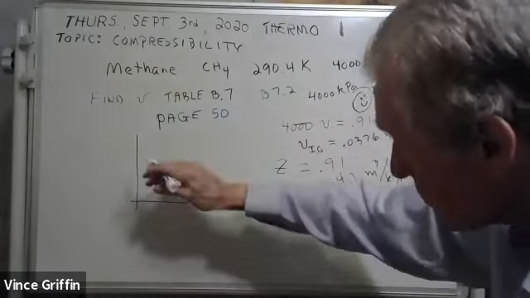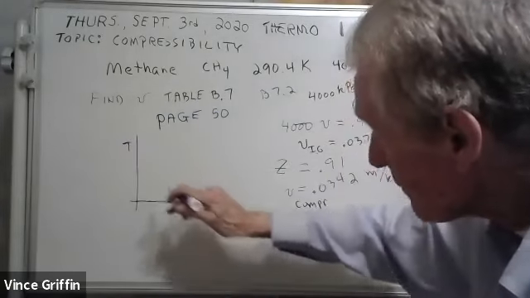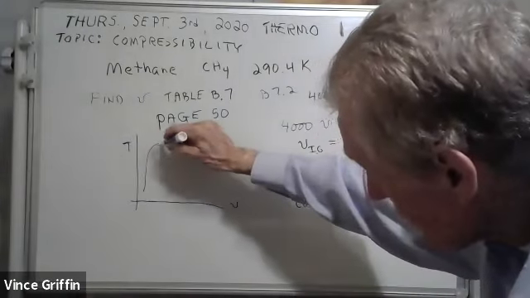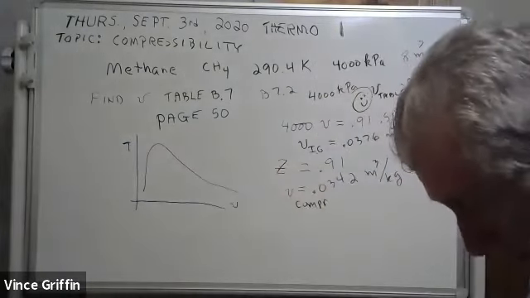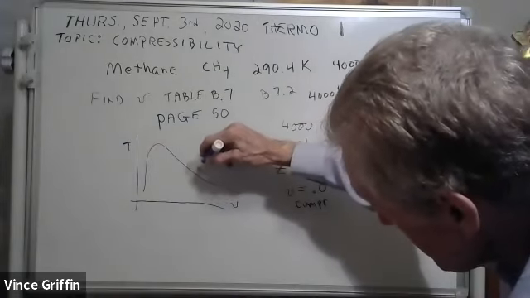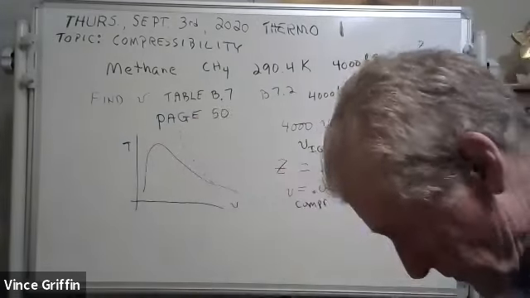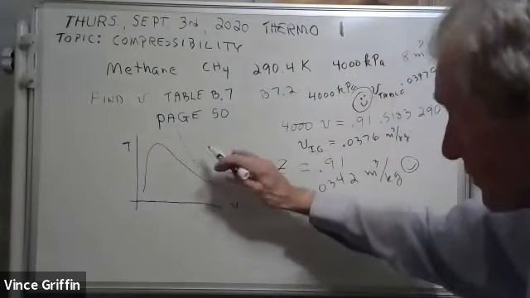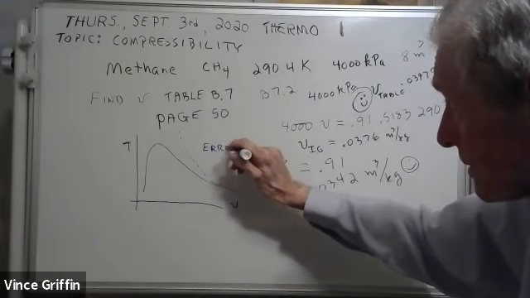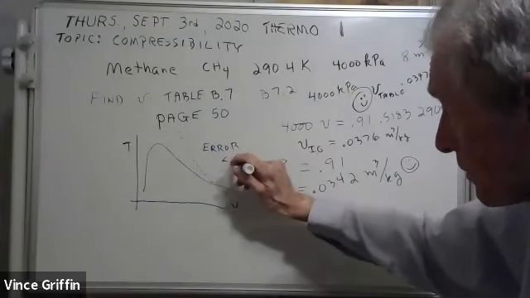Now you guys are used to PV graphs, but TV graphs are pretty similar. And then they have this region here. And they said that anything in here, the error is less than 1%.